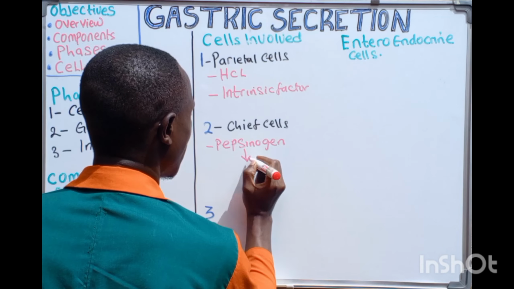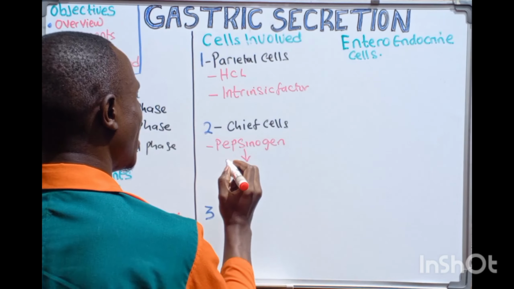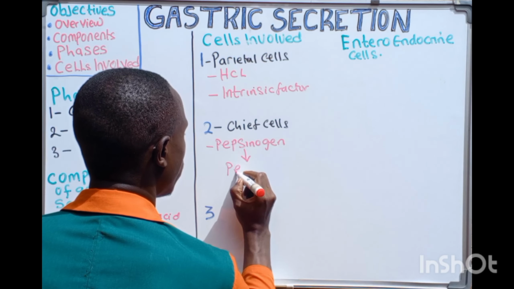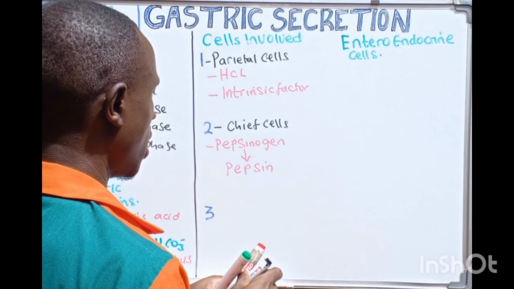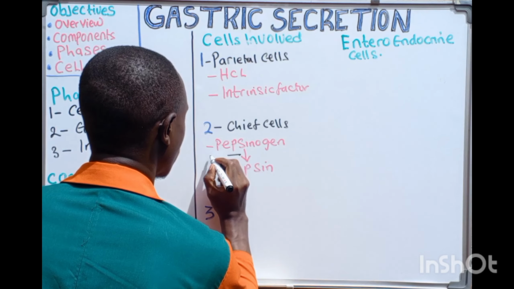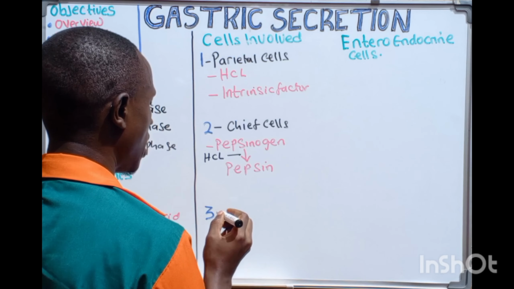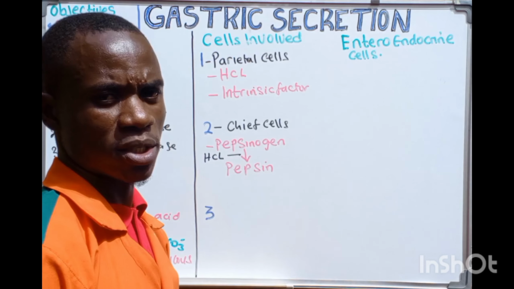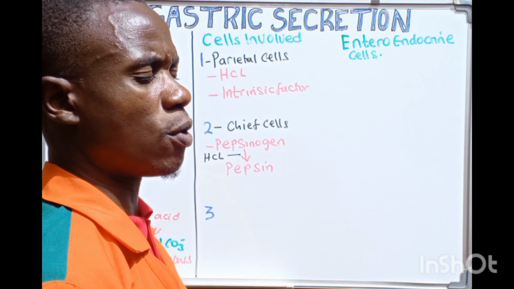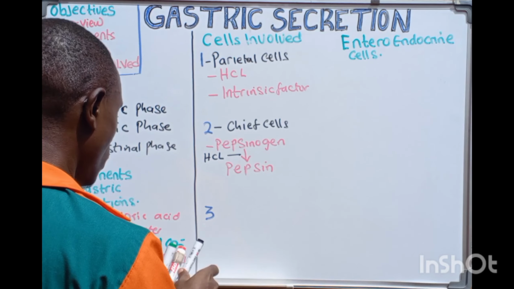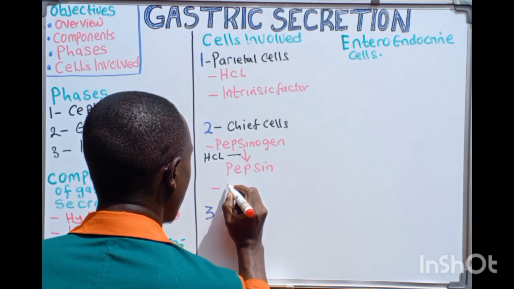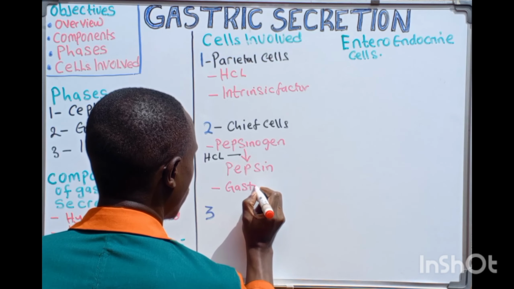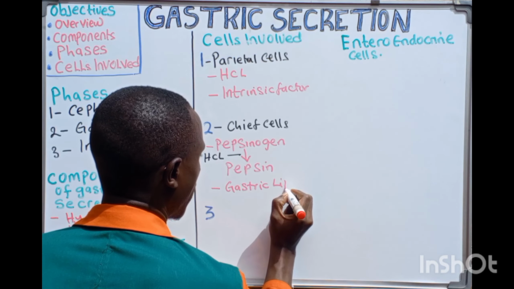But this pepsinogen, under the influence of hydrochloric acid, gets converted into an active form which we call pepsin. So HCl converts pepsinogen into pepsin, which starts the breakdown of proteins. Another molecule produced by the chief cell is the gastric lipase.